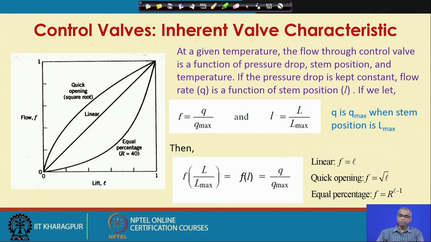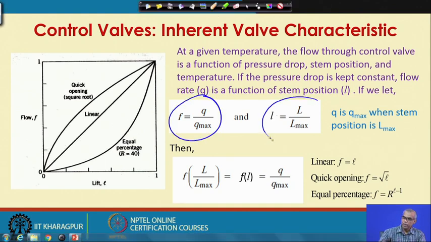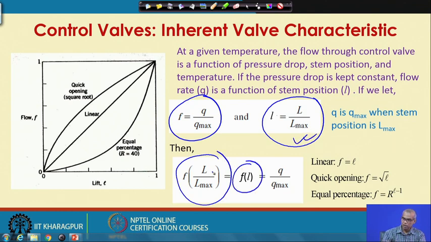So, if you let F equal to Q by Q max and small l equal to L by L max, as we discussed, f of small l equal to Q by Q max. Both f of l and small l will vary in the range of 0 to 1.